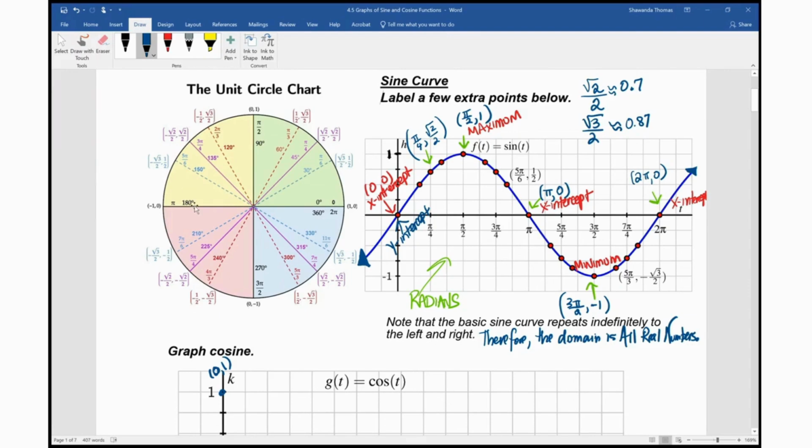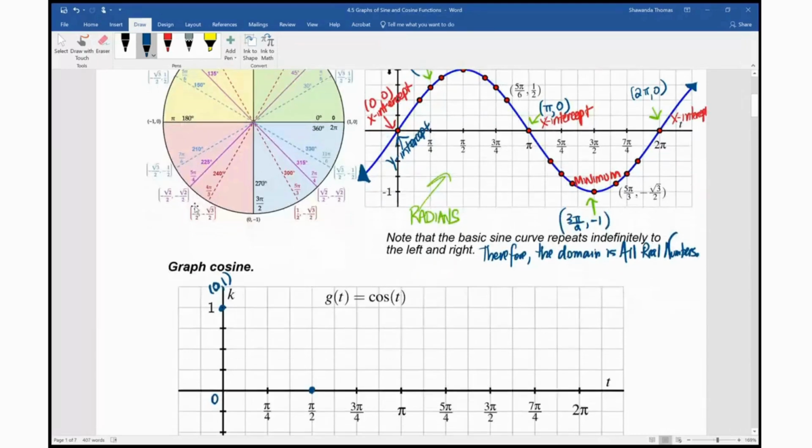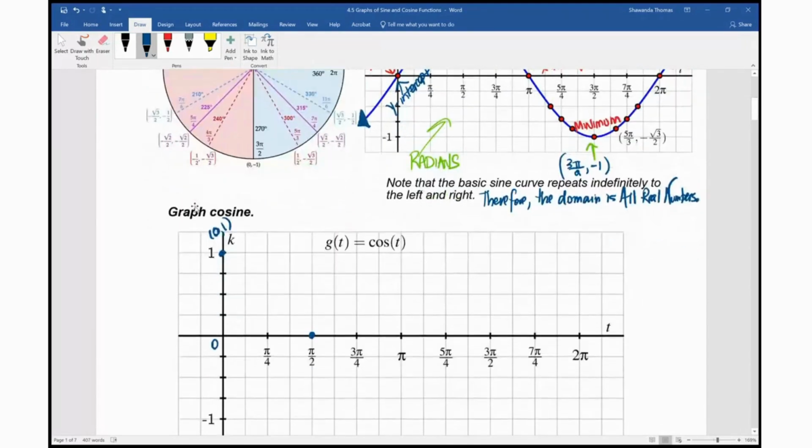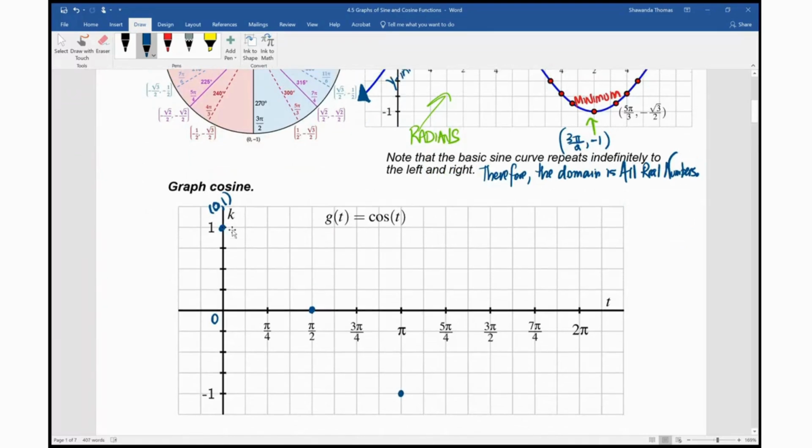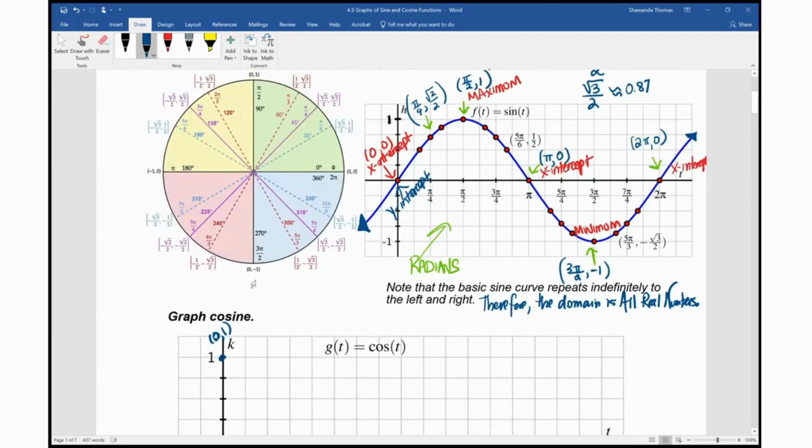So what about pi? Cosine of pi is negative 1. What about 3 pi over 2? That's another quarter.